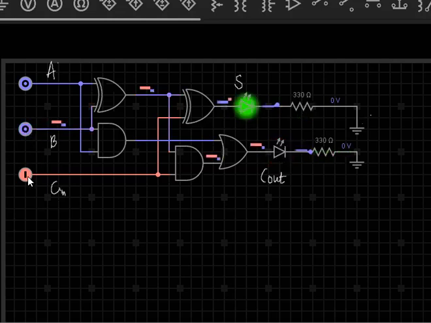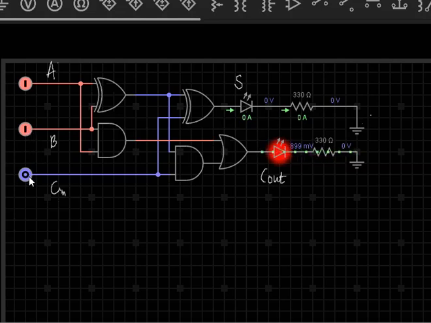And the next one, it is 1, 0, 0, sum is high and carry is 0. Next is 1, 0, 1, C out is high, sum is 0. Next is 1, 1, 0, here also C out is high and sum is 0.